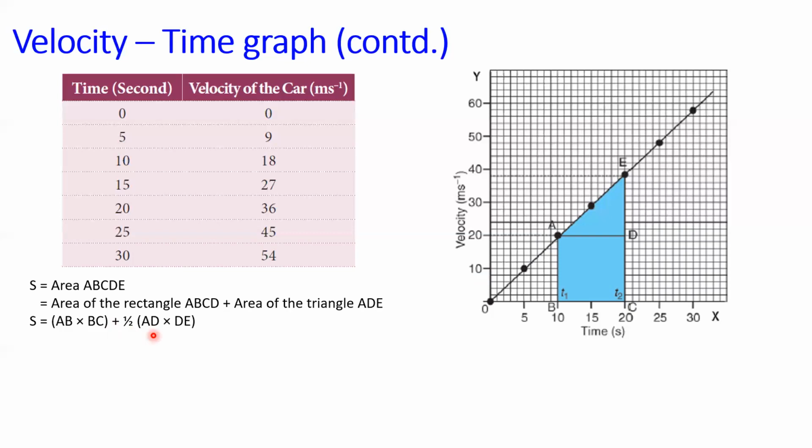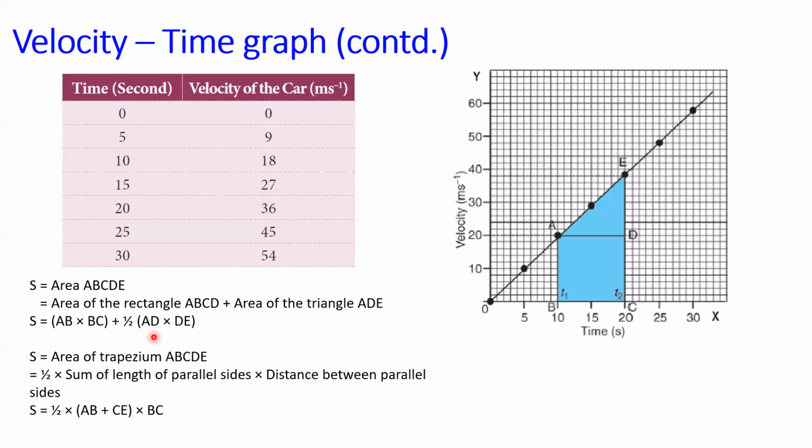The area of the quadrilateral ABCDE can be given as a trapezium also. In that case, the area of the trapezium may be given by half into the sum of the lengths of the parallel sides into the distance between the parallel sides. That is half into the 2 parallel sides, which are AB as well as CE, into BC.